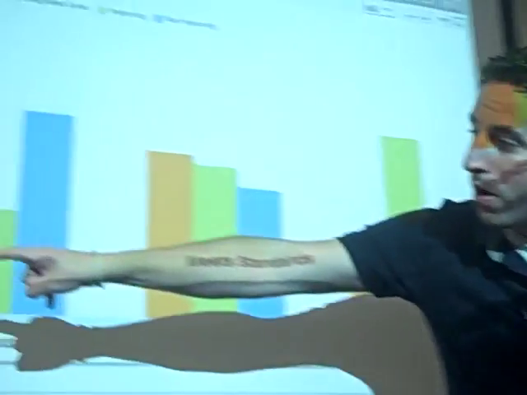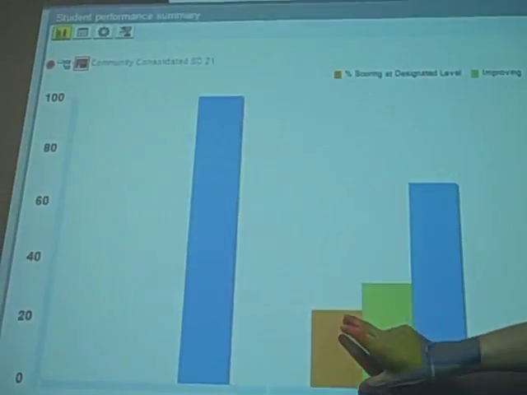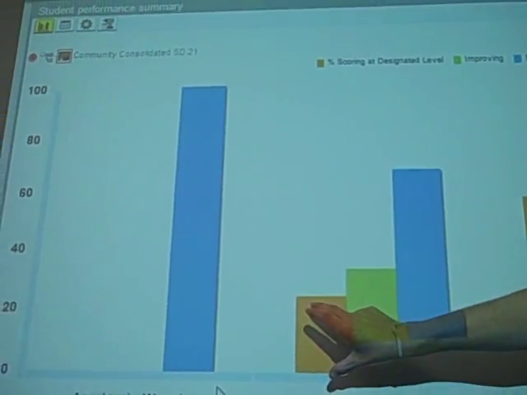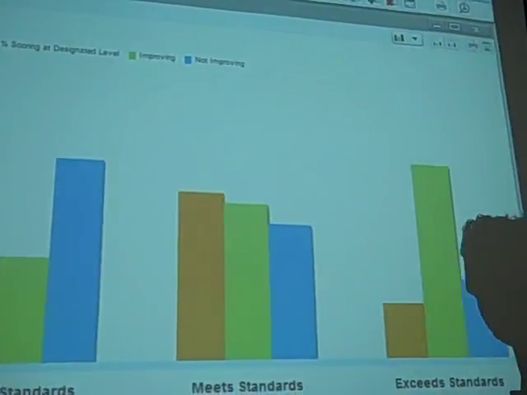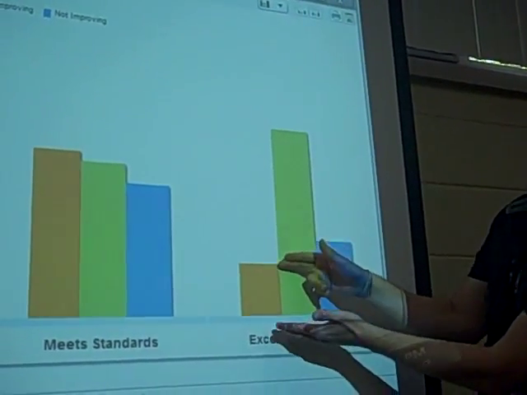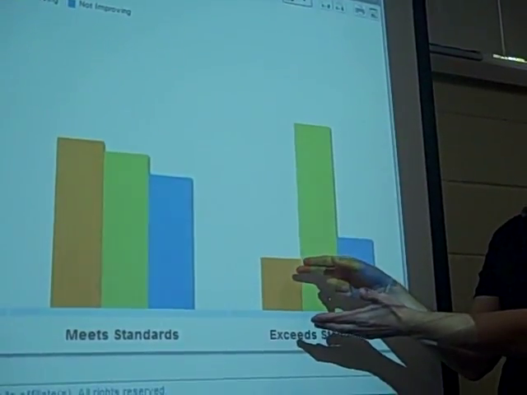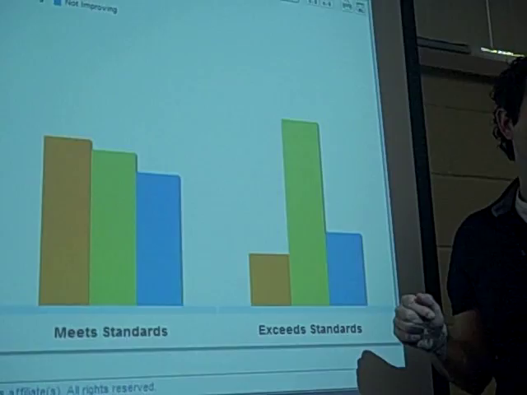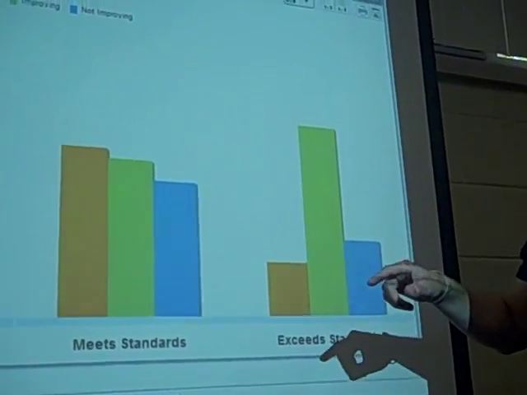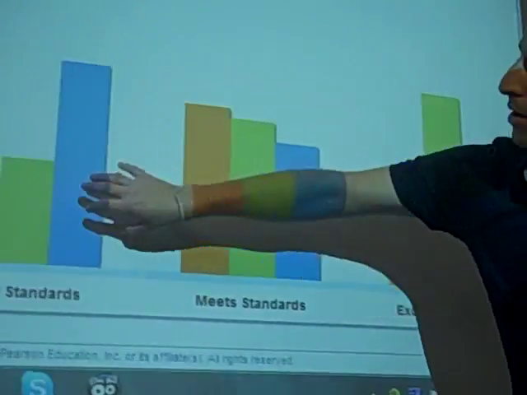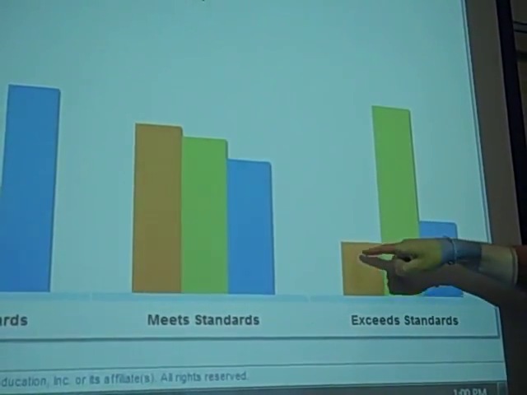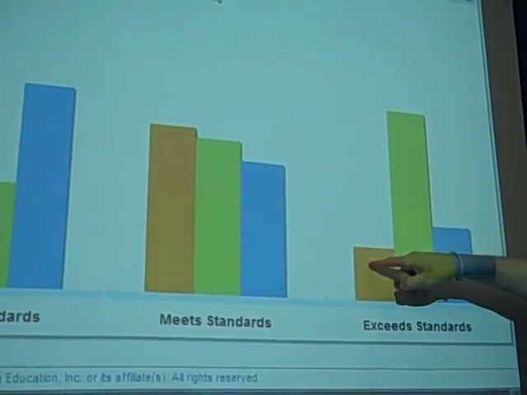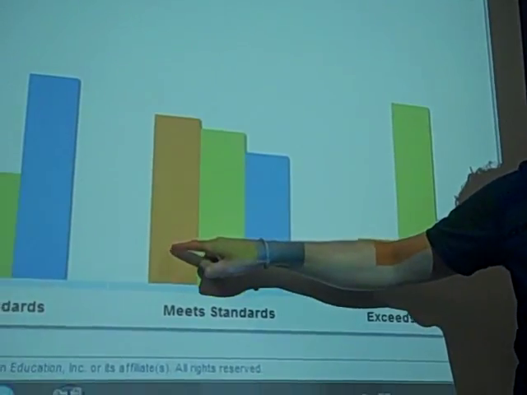So you would have seen no one under academic warning. You would have seen this chunk of just over 20% on below standards, this chunk about 60% meeting, and this chunk at 18% or whatever on exceeding. Then, remember, each chunk to the right of blue and green represents those kids that are in the orange.